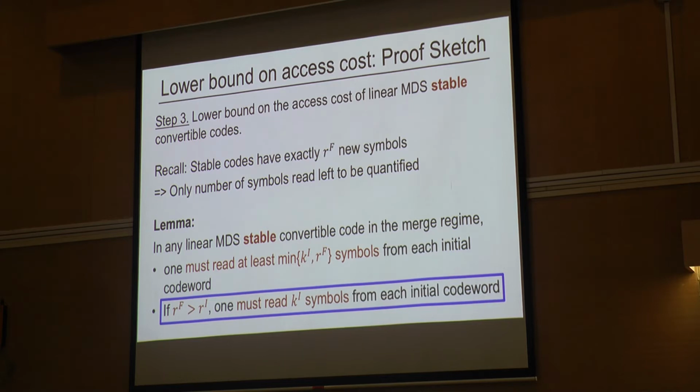But to create the systematic part of the final code word, for that also you're saying you don't need to... The systematic part is already there, right? So the data blocks which are there, they remain as is. So that doesn't contribute to the read cost. If you read those data blocks, it will cost to the read cost.